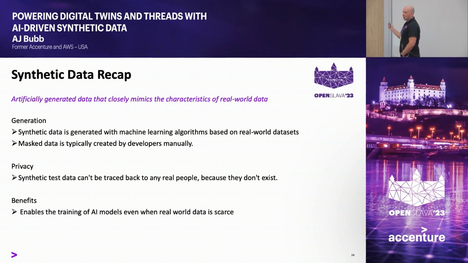So a little bit of a recap on synthetic data generation. There are two primary ways of generating synthetic data. You have your masked data, which is typically produced through a manual process. So a developer, like we said, either working with it and manipulating it manually or creating some sort of program that can manipulate the data for them.